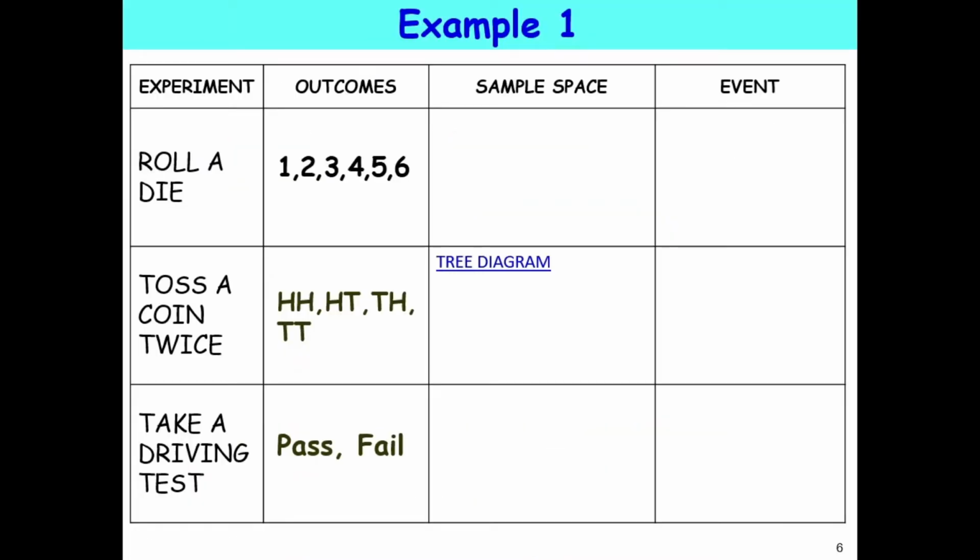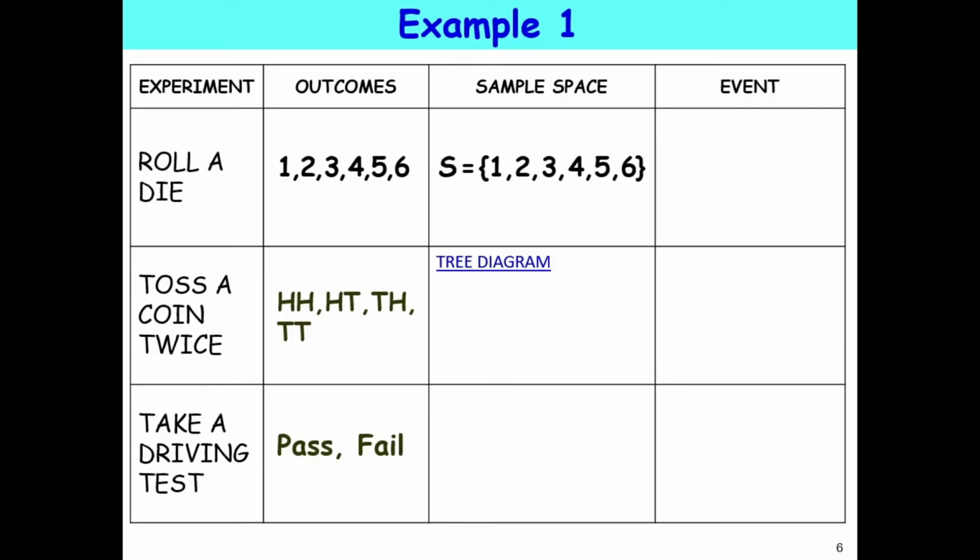Example 1. The first experiment is roll a die. So the possible outcomes are 1, 2, 3, 4, 5, 6. So the sample space is all the possible outcomes, which are 1, 2, 3, 4, 5, 6.